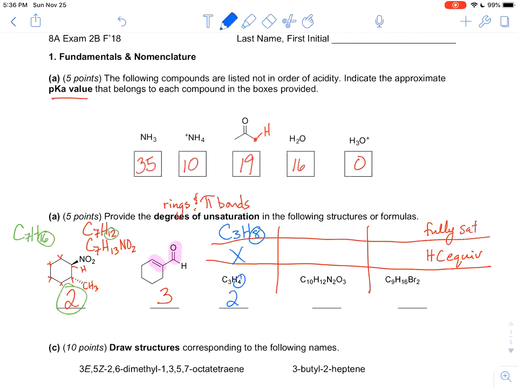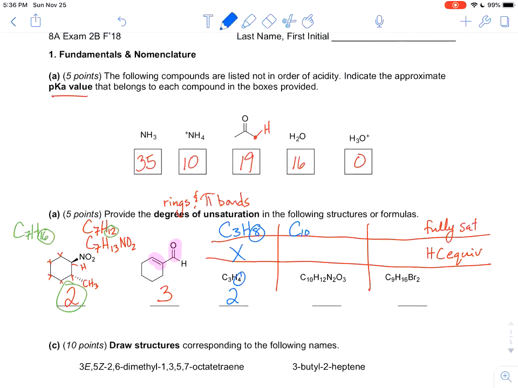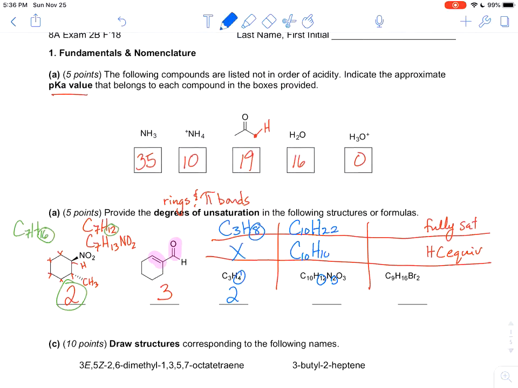The next one, the fully saturated form for 10 carbons, would be 22 hydrogens. The hydrocarbon equivalent, using similar rules that we saw in the first one, would still be C10. And instead of H12, we're going to subtract the 2 nitrogens from the 12 hydrogens. So we get 10. And again, we just go ahead and ignore the number of oxygens.